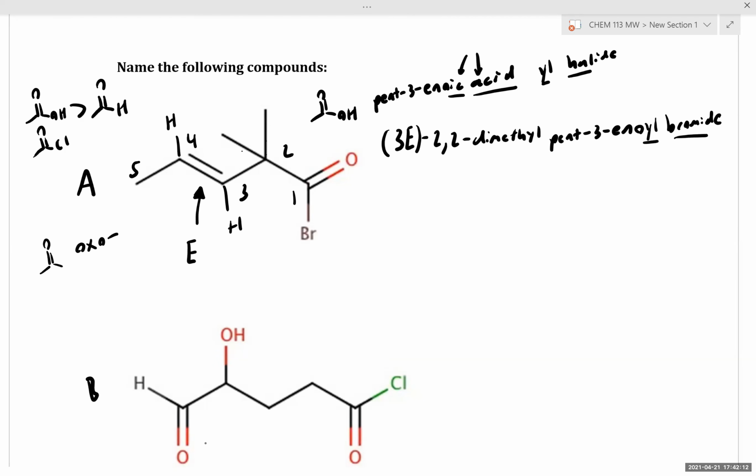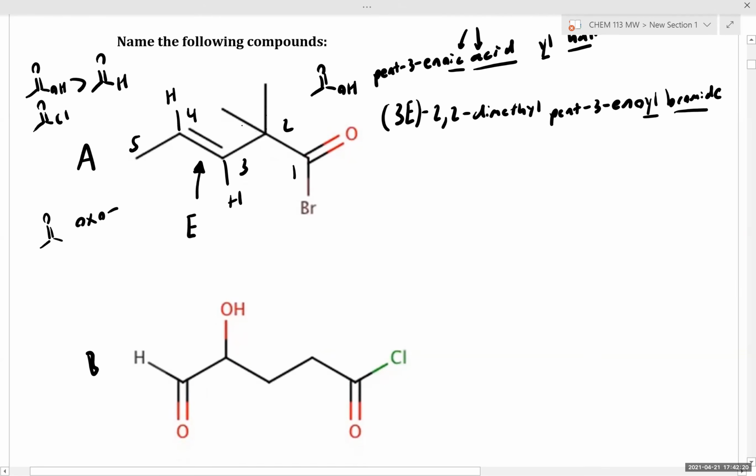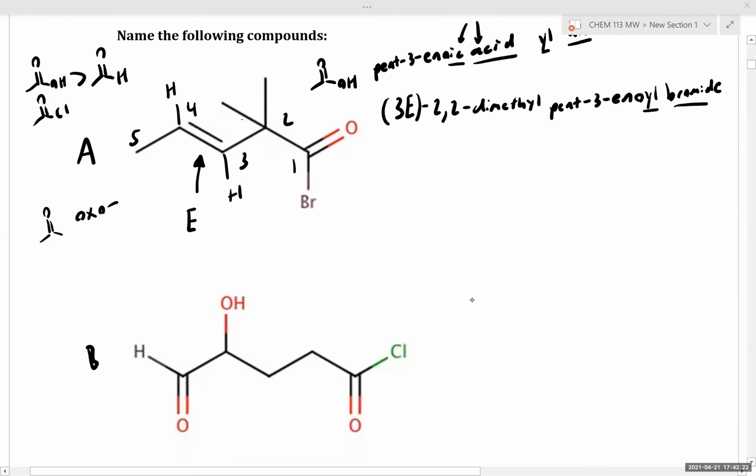Perfect. Thank you. So, any questions on this first example before we move on and tackle this second problem? Let's try to apply what we've learned now, and let's try to name this second compound. So let's take a few minutes and try to name it.